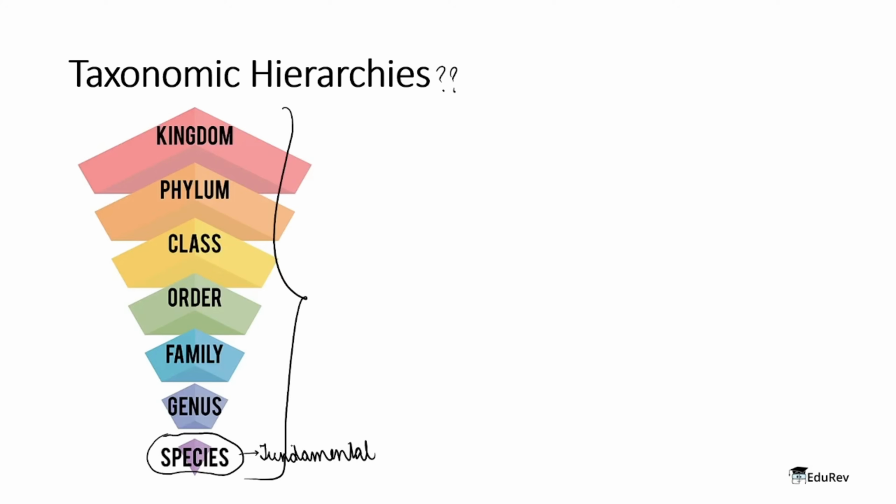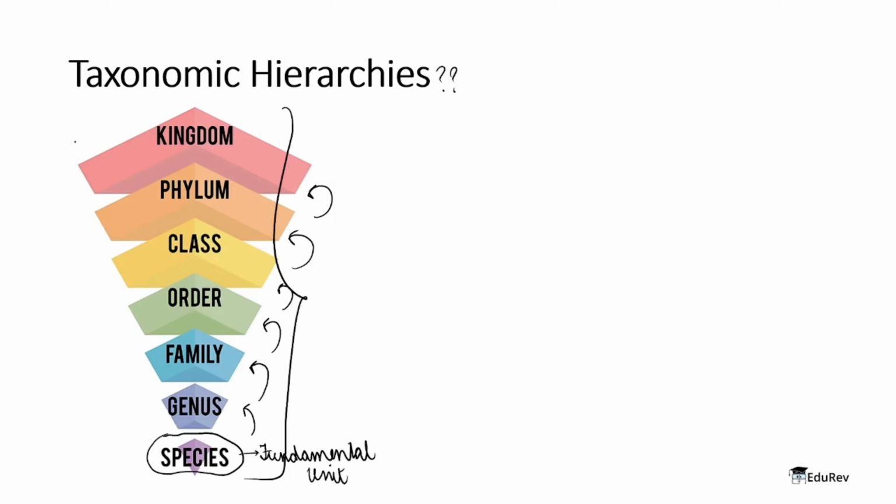And all the other categories are just made by grouping these species. So we just have to define species, and then we will automatically be able to define all the other categories.